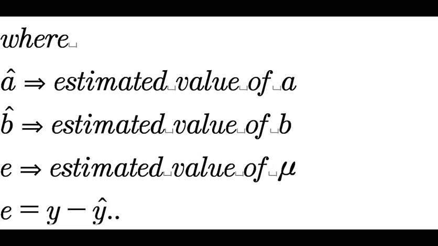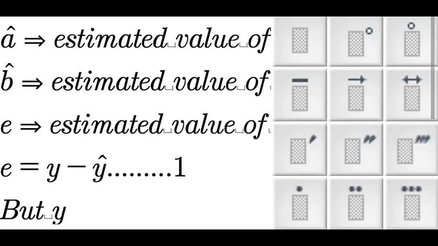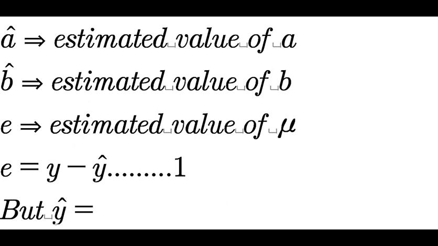Let's go to equation 1. We recall that y hat is the estimate of our true regression line, and y hat is equal to a hat plus b hat x.